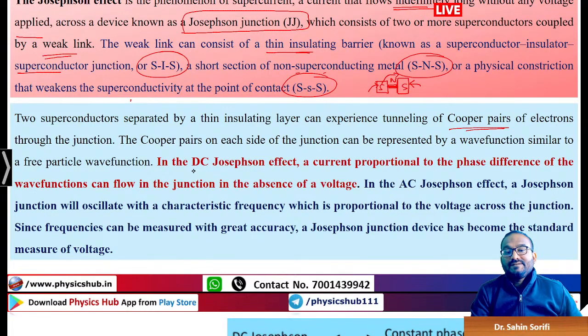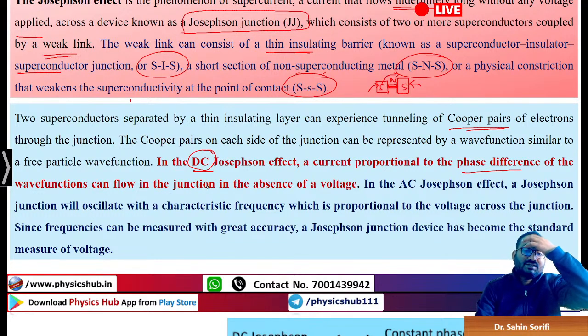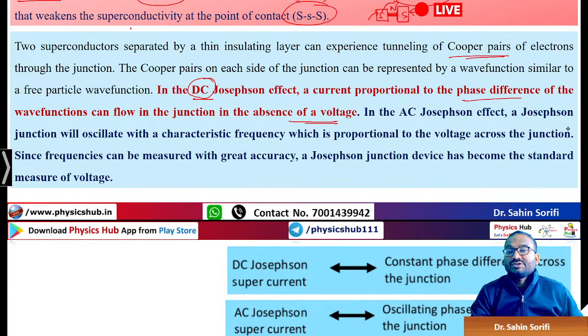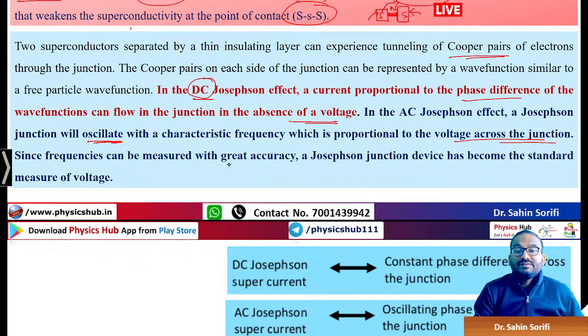There are two types of Josephson effect, one is DC, another one is AC. In the DC Josephson effect, a current proportional to the phase difference of the wave function can flow in the junction in the absence of voltage. In the AC Josephson effect, the junction will oscillate with a characteristic frequency which is proportional to the voltage across the junction. Since frequencies can be measured with great accuracy, the Josephson junction device has become a standard measure.